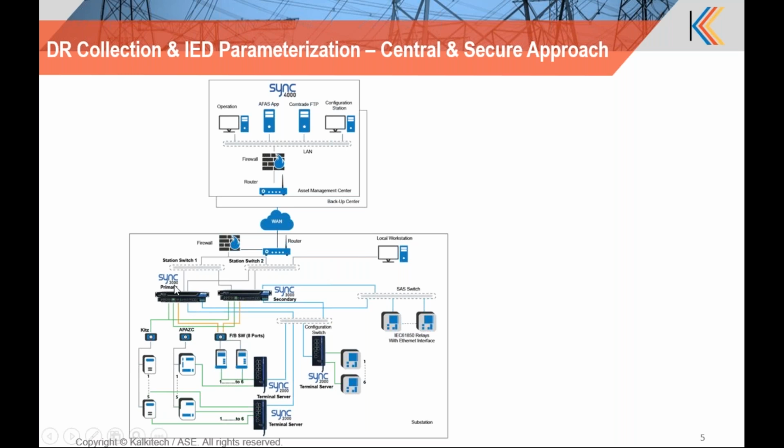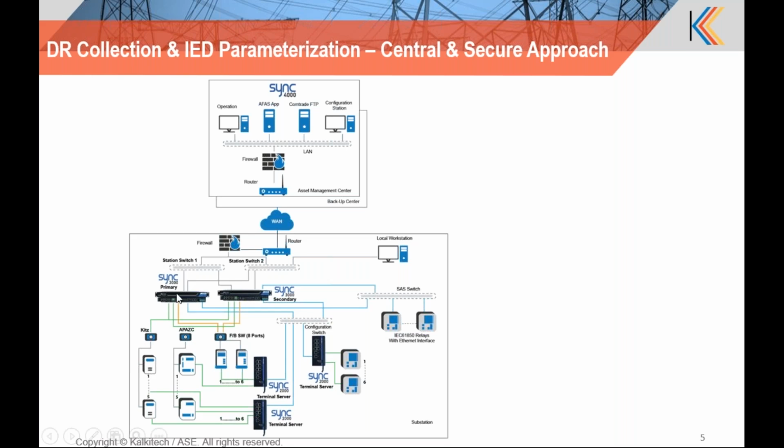Once the disturbance records are collected in the data concentrator or protocol converter, which we call Sync 3000, the same disturbance file, which can be in multiple formats, is converted into an IEEE standard format, which we call COMTRADE, within the device itself, and it is stored within the device.